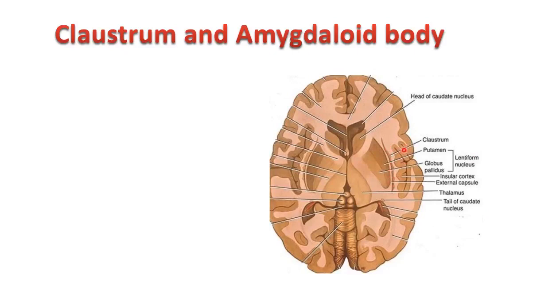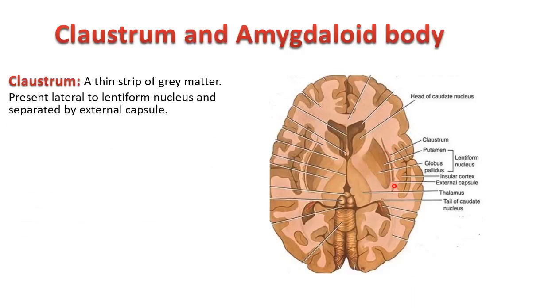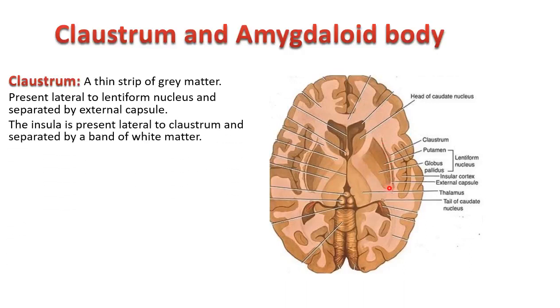Lateral to the claustrum you can see the insula, or the hidden cortex. The claustrum is a thin strip of gray matter lateral to the lentiform nucleus and separated from it by the external capsule. The exact function of the claustrum is not known.